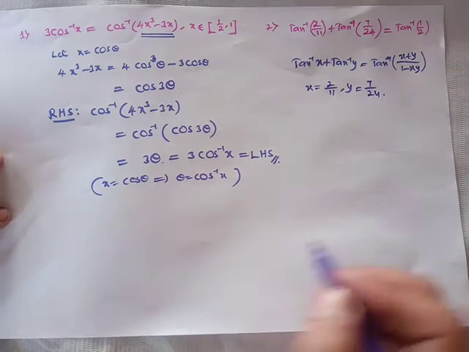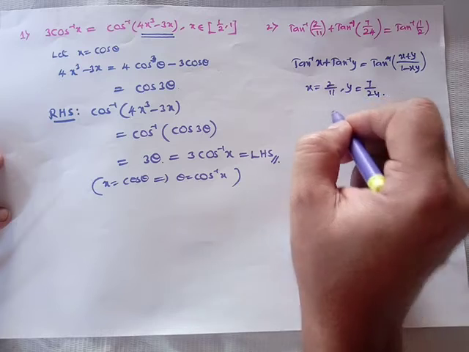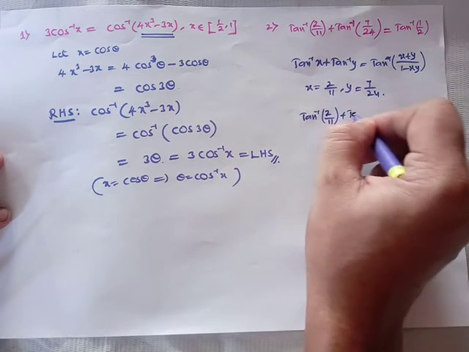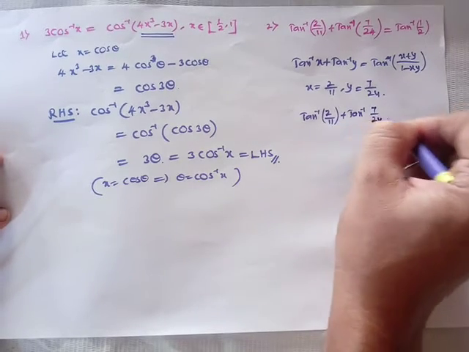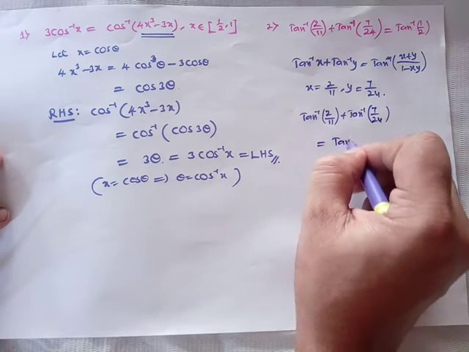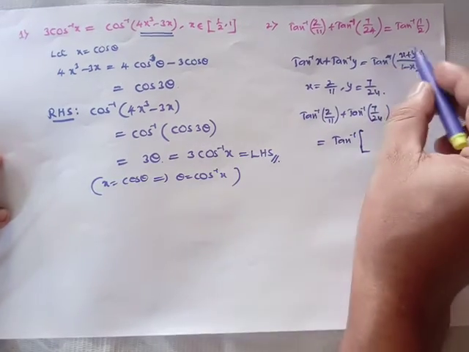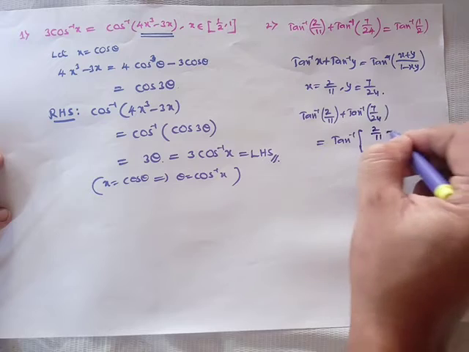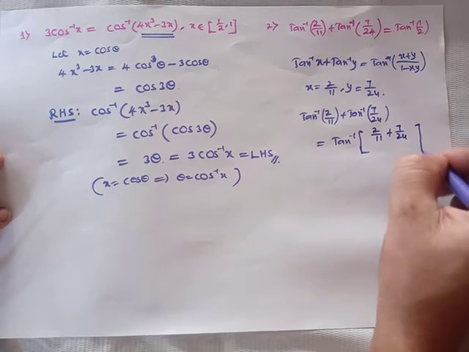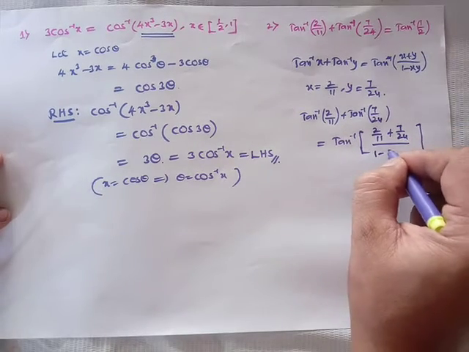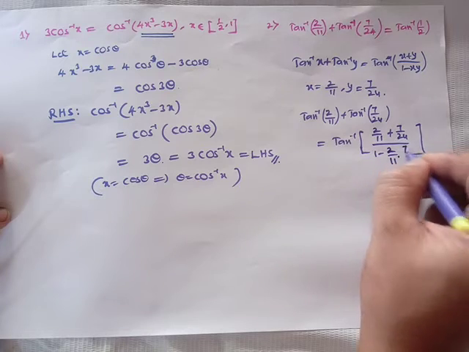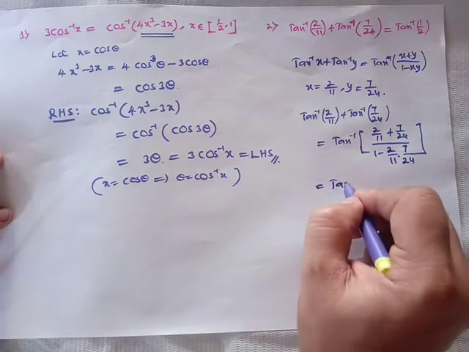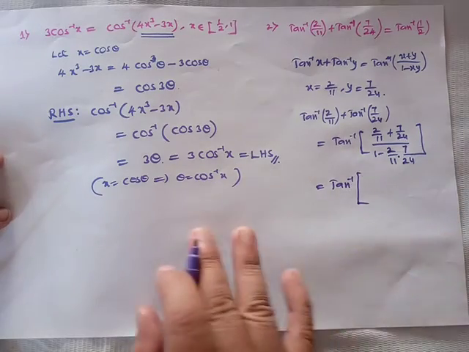Directly substitute in the RHS side: tan inverse of 2 by 11 plus 7 by 24, by 1 minus x into y.